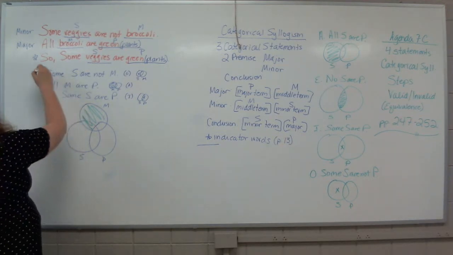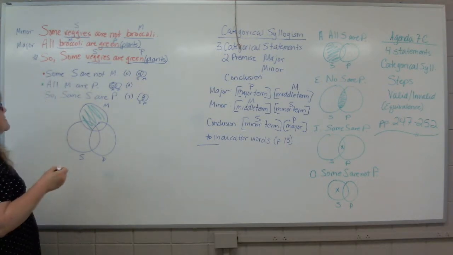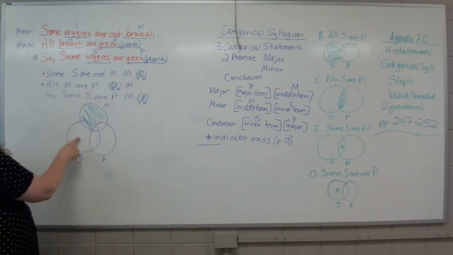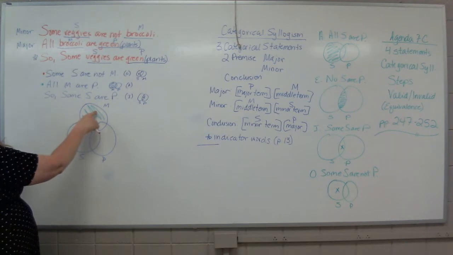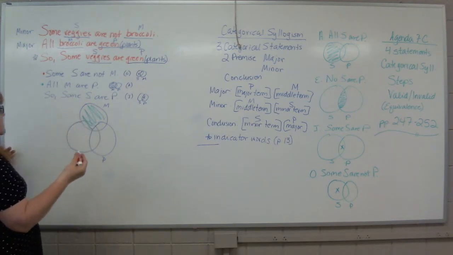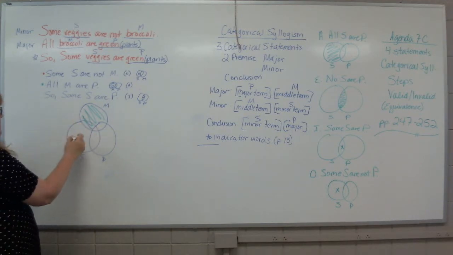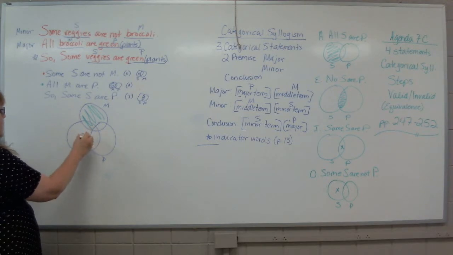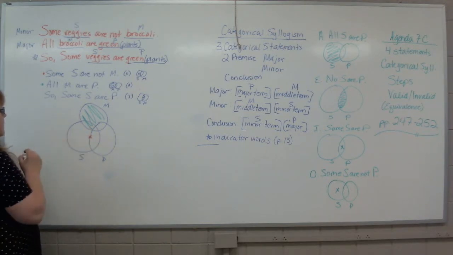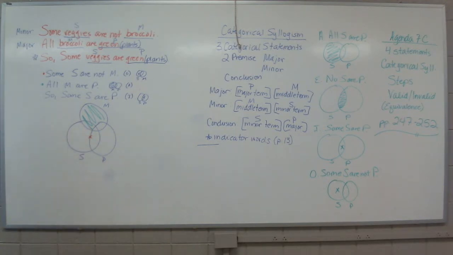And then some S are not M. Now I'm just looking at S's and M's here. Some S that's not an M, so it can't be in the eyeball section. It can be anywhere in this whole place that I want. Well, I'm going to put my X right there on the line.